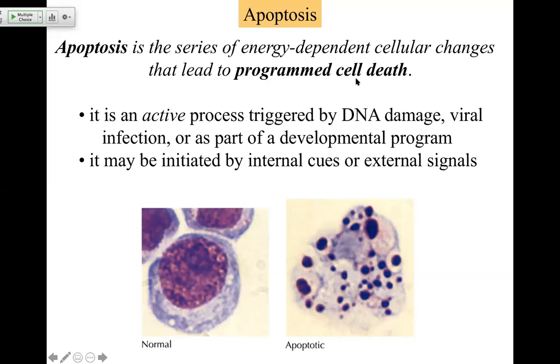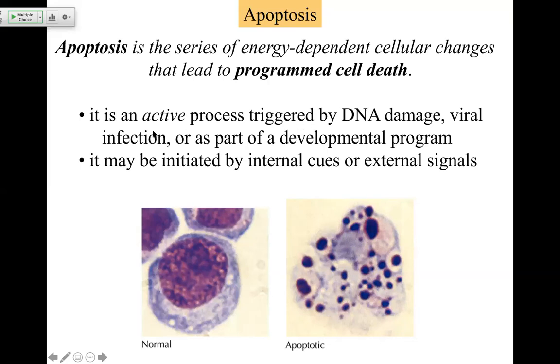It can be triggered by damage to the DNA, by a viral infection, which could be considered an external signal, but it can also be initiated by internal cues, a developmental program like what we saw in the case of metamorphosis, or in the development of the digits on that mouse paw. And we'll look at what some of those cues are, internal signals or external signals.